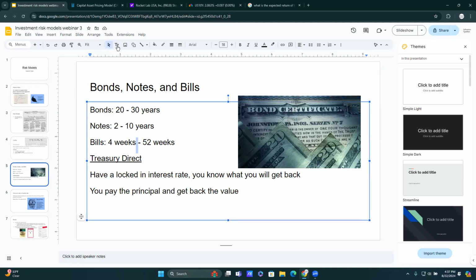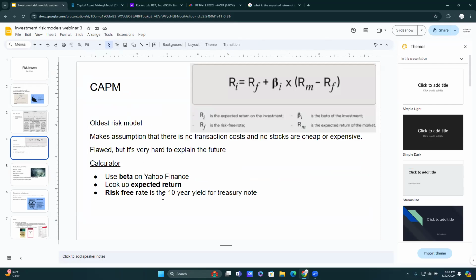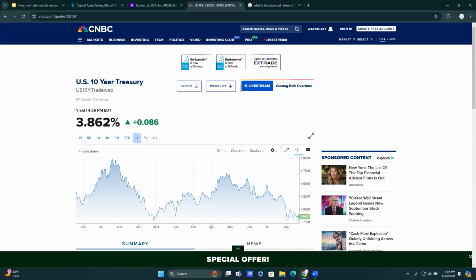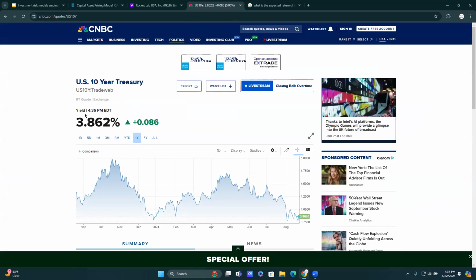But why these are important is that we use these as part of our risk-free rate, right? When we figured out the risk-free rate right here, this 3.862%, it changed 0.001%, but this is very stable.